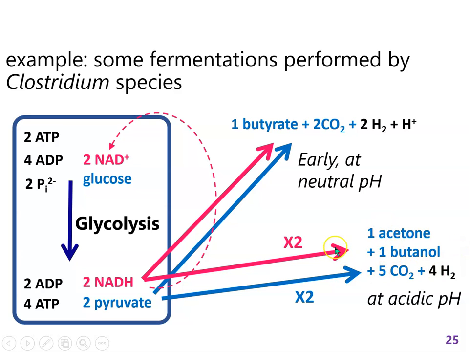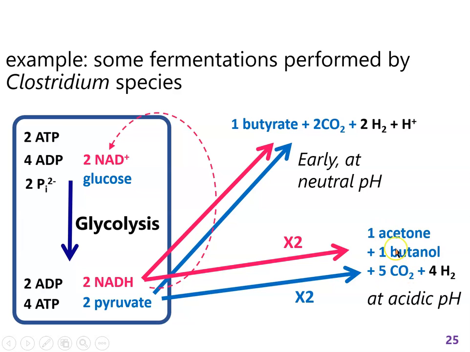I should point out, it's not that important a thing for you to learn, but if you count the number of carbon atoms in pyruvate, or in 2 pyruvates, it's 6. It's the same number that we got from the glucose. If you turn them into butyrate and 2 carbon dioxides, it's still 6. Butyrate or butyric acid, same thing, is a 4-carbon carboxylic acid. If you count these, you get twice as many.